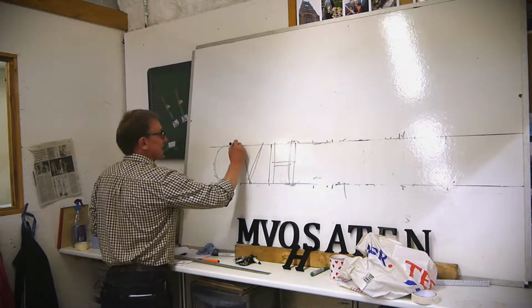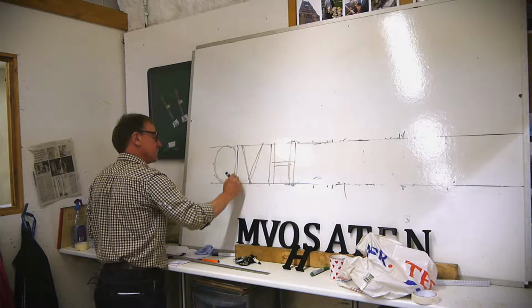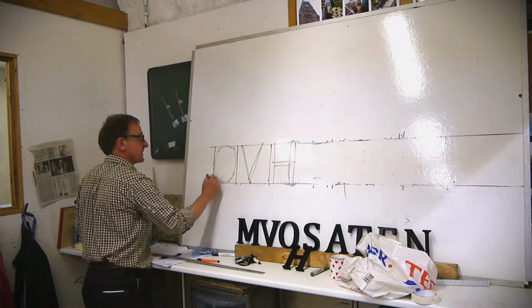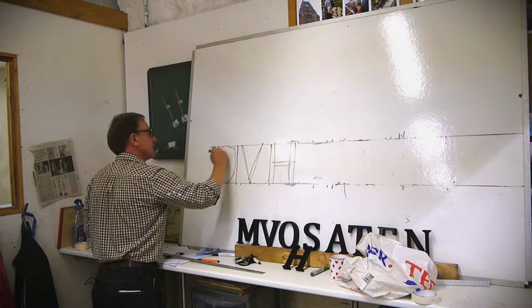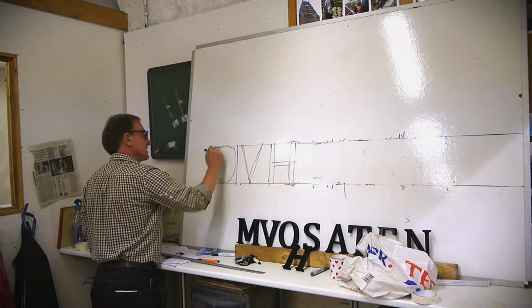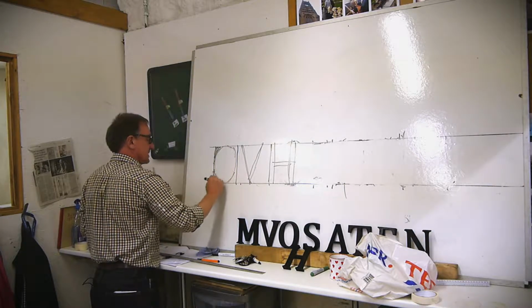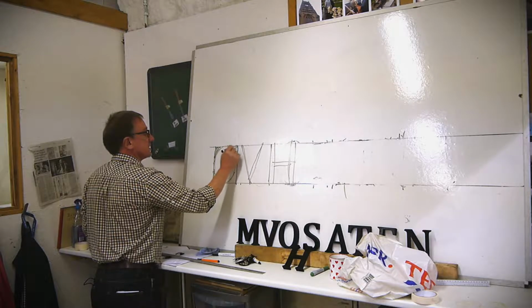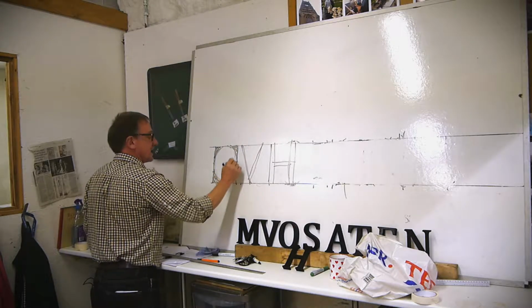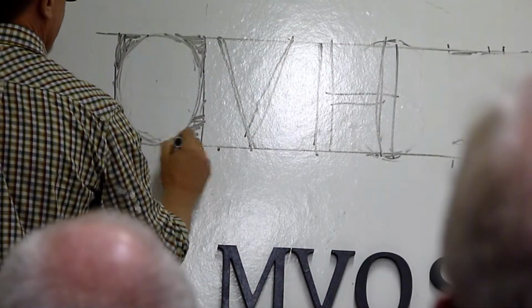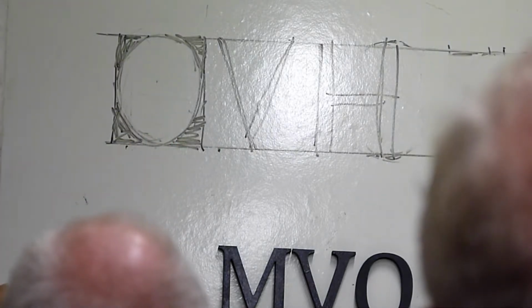What this is doing is saying that this letter O within its parameters has that amount of unaccounted for space.